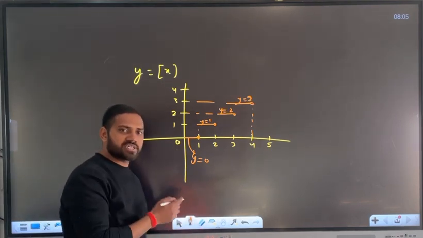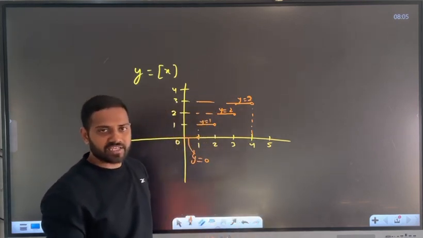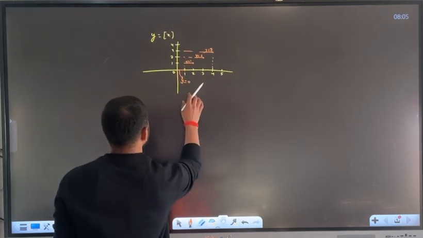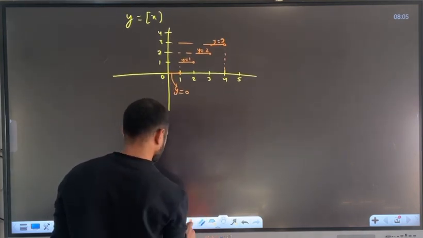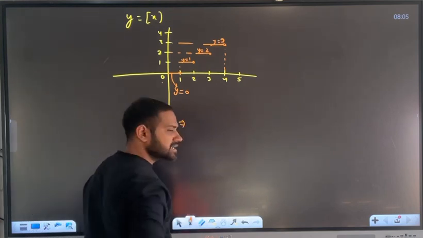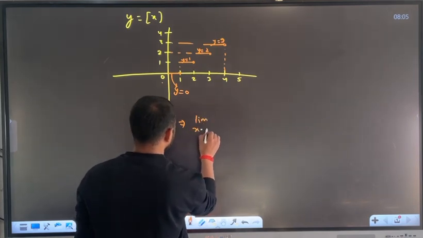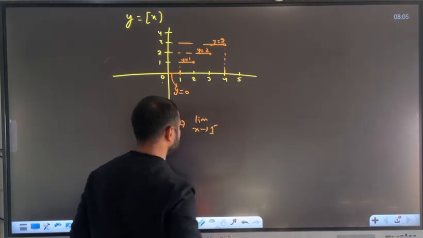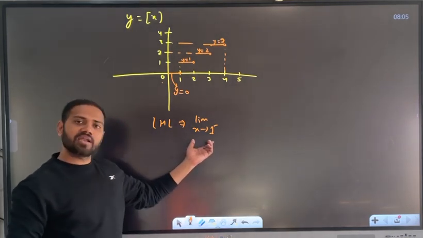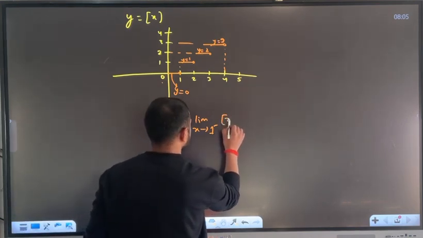Suppose that I am considering the integer point 1. So we will calculate its left hand limit as well as right hand limit at x is equal to 1. So let us calculate left hand limit. Left hand limit is represented as limit x tending to 1 minus. 1 minus means a number just smaller than 1, and that is called left hand limit. So limit x tending to 1 minus greatest integer x.